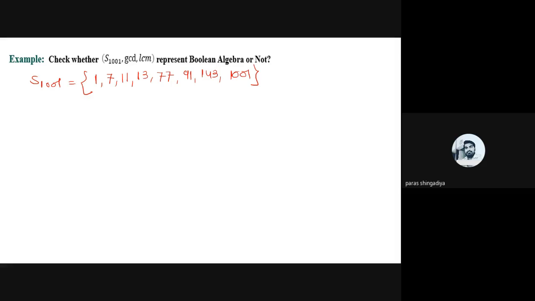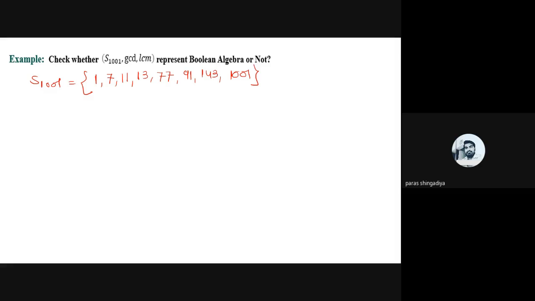Okay, so we'll check whether it is a Boolean algebra or not. So first we'll prove whether it is a lattice or not.